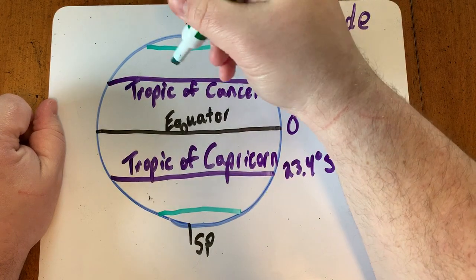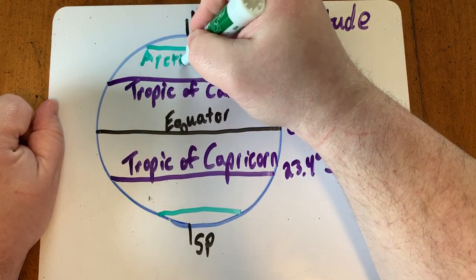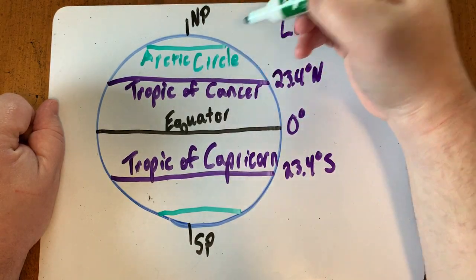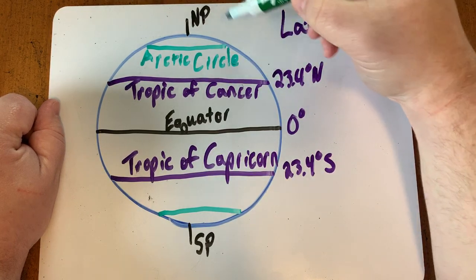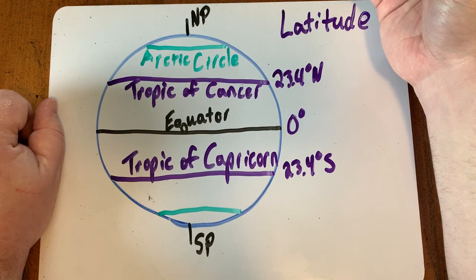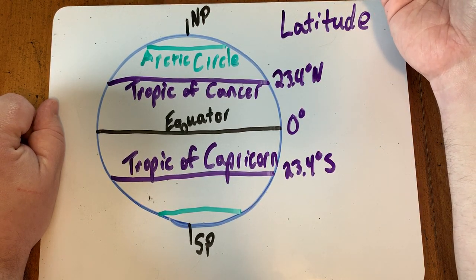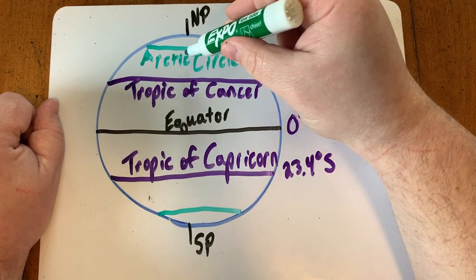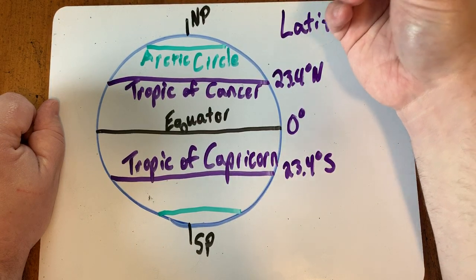And then we have the 2 circles. The circle up top is the Arctic Circle. It's Arctic because it's to the north, and in Greek, Arctus means bear. Arcturus, I'm butchering that word, is the Great Bear, which is the Northern Star, the North Star.